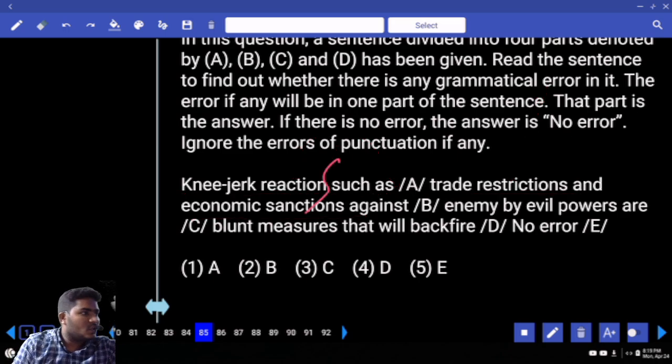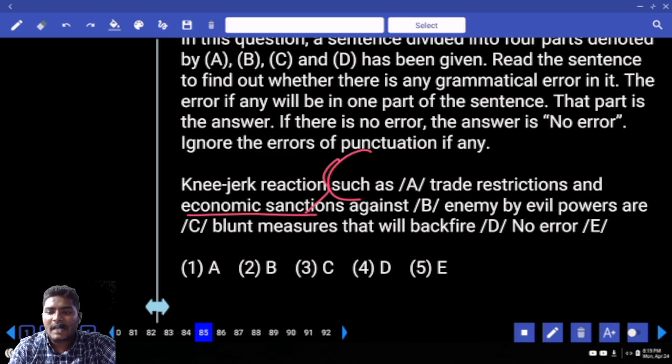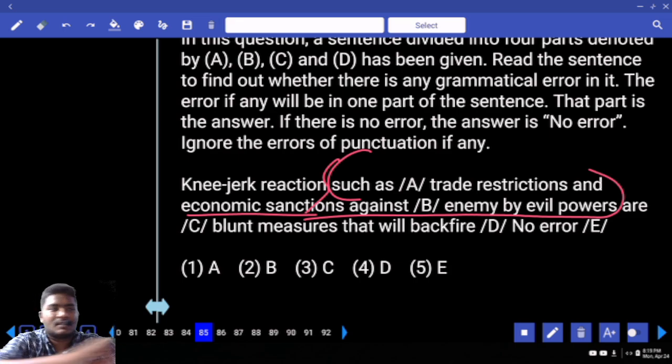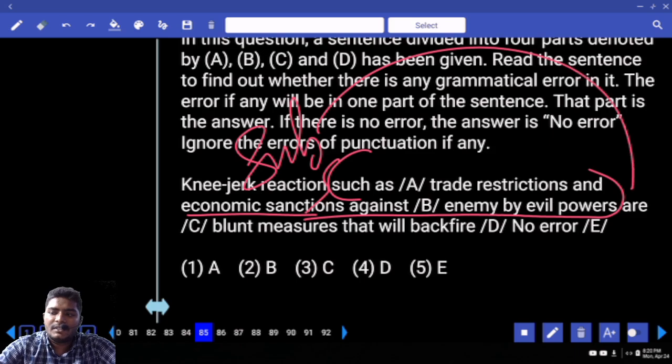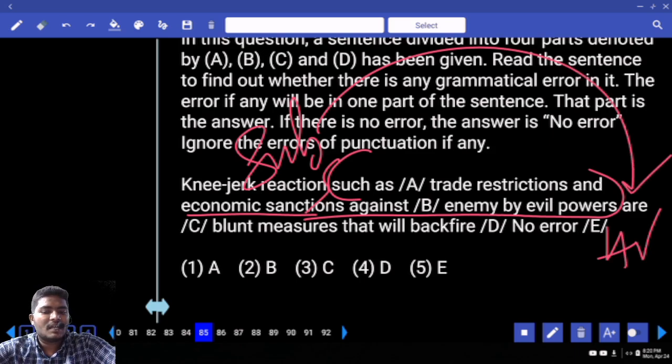Plural. If you still don't know, read continuously. Such as economic sanctions and trade restrictions against enemy by evil powers. Can you tell me the verb here? What is the subject verb agreement? Your subject is nothing but reactions. Helping verb is nothing but are. These reactions are blunt measures that will backfire.